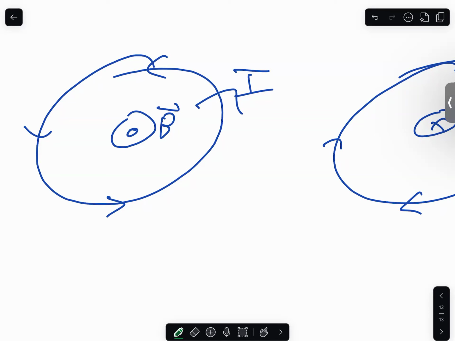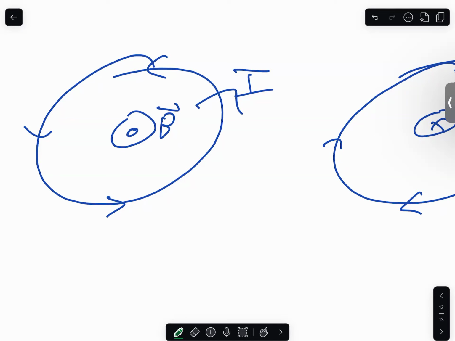Your thumb is the field. Now curl your fingers. Those fingers wrapping around a loop go in this sense, right? From my perspective, looking down, that's clockwise. So which sense, left or right, does that current going clockwise go around in my hands, leftward or rightward? Your left, my right, yeah.